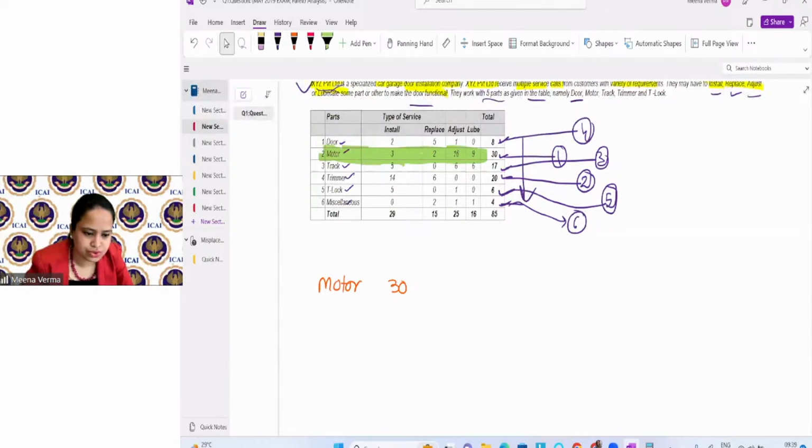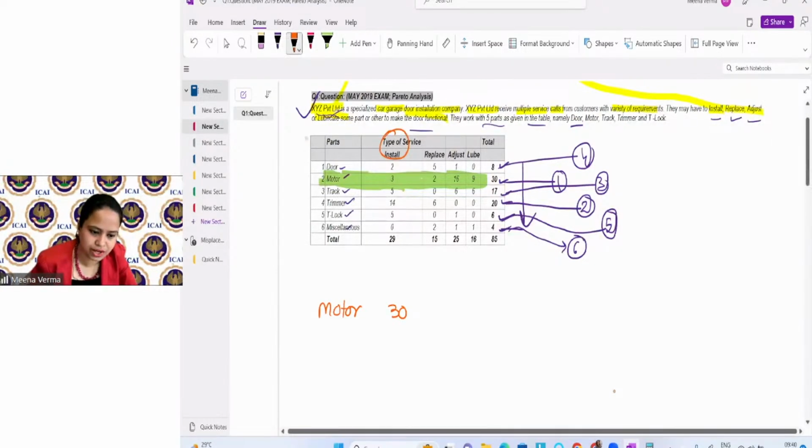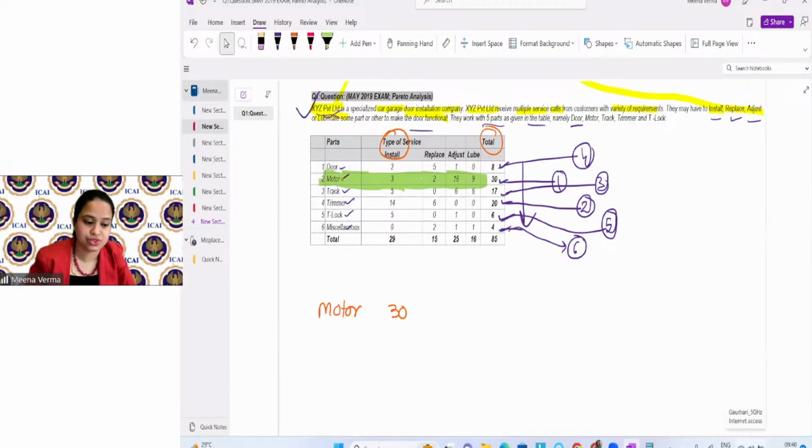So I just want to check what it is for. Because for the total, we have two things here, services also, and we have the total parts also. If you read the question, it may create confusion. Should I make the Pareto for this or this?